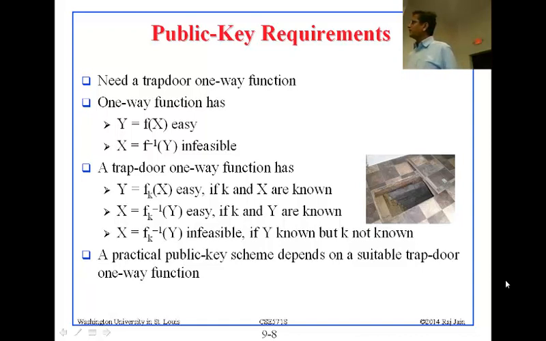Otherwise, it is infeasible. So basically, he came up with this idea, but then RSA was the first one that found a practical scheme to do this. This whole thing about exponentiation, that example that I gave you, was the one that RSA came up with, and they came up with the idea that if we do this, then we can make it very difficult.